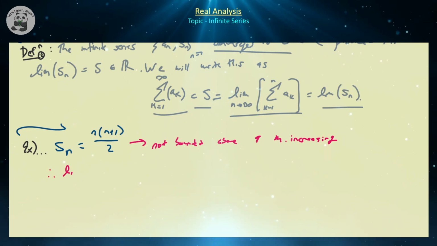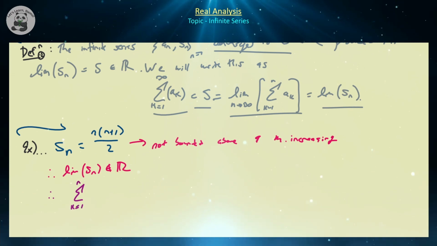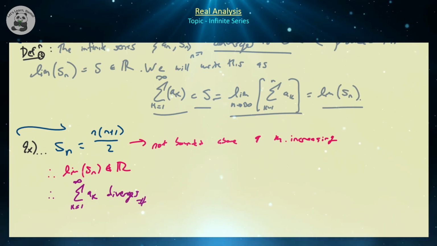That means the limit of S_n does not belong to the real numbers, i.e. the sequence diverges. So if the limit of the partial sums does not belong to the set of real numbers, that means the sum from k equals 1 to n of a_k as n goes to infinity, so let's just replace n with infinity, this series diverges.